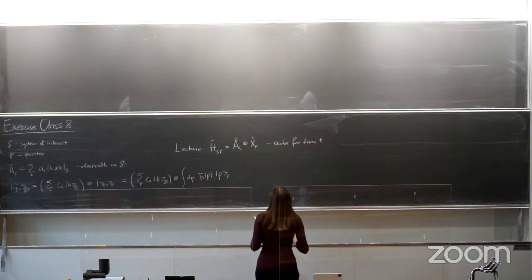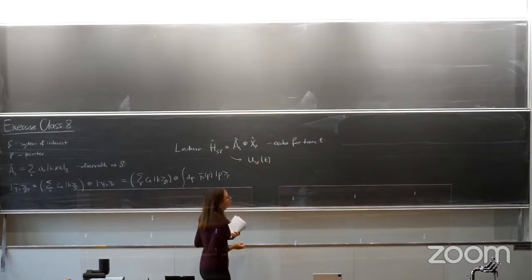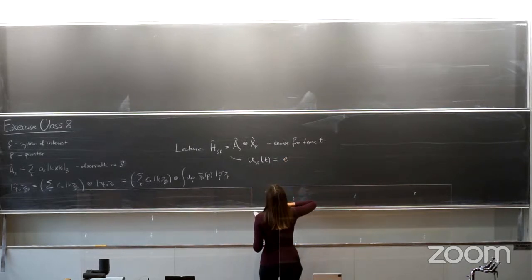So basically this means that we implement the evolution which is described by the unitary U_SP, which in terms of the Hamiltonian can be written as e to the power minus i t over h bar times the Hamiltonian on the systems S and P.